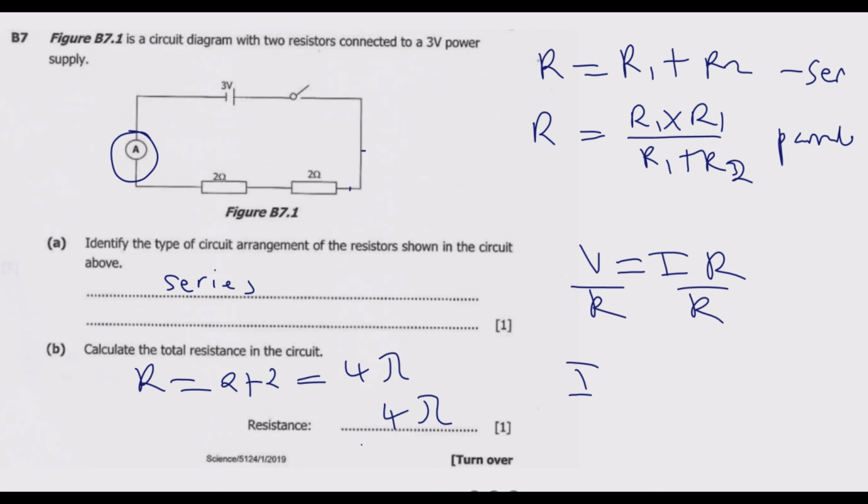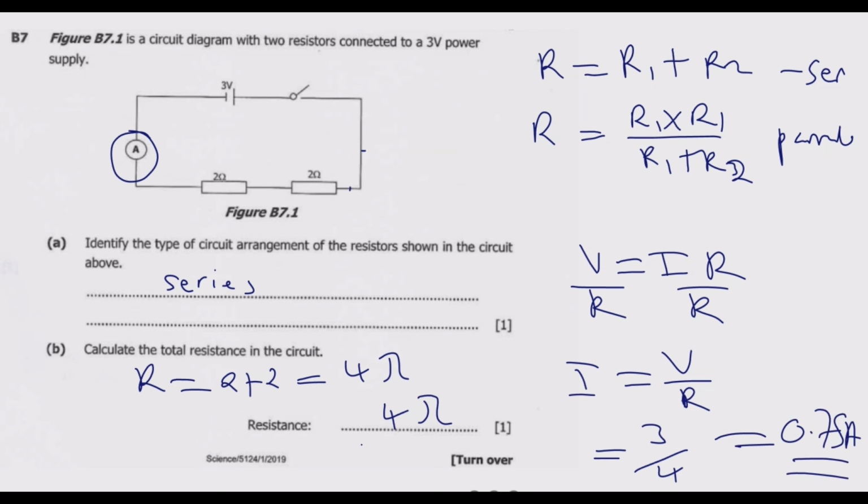So current is equal to voltage divided by resistance. Voltage is 3, then we divide by resistance, which is 4. Once we divide, we end up with 0.75 amps. So the reading here will be 0.75 amps as our answer. So this is how you get the 4 marks.